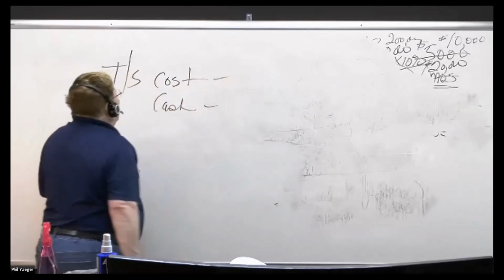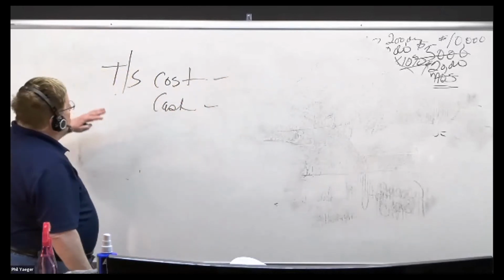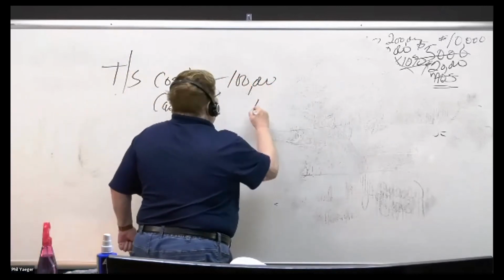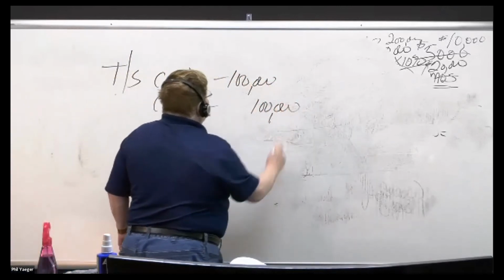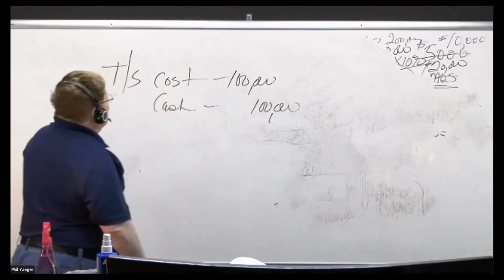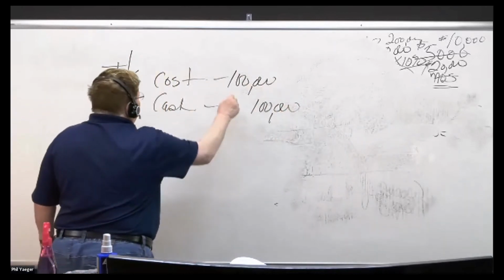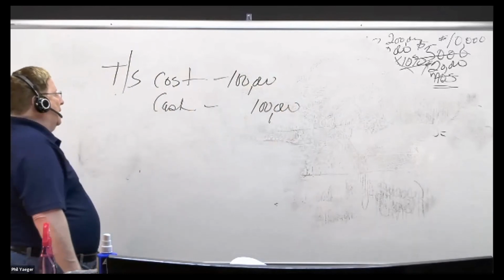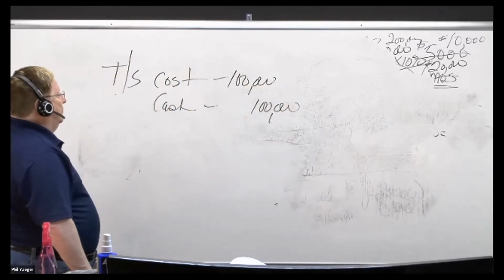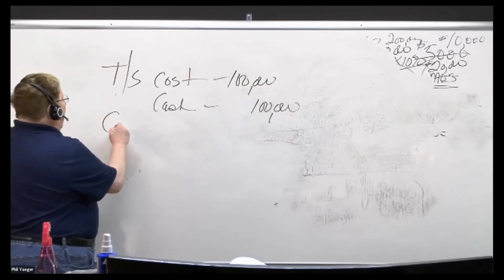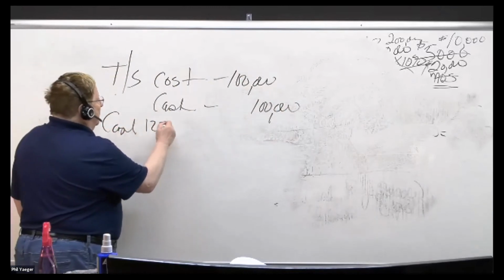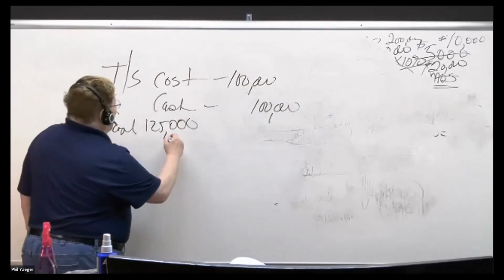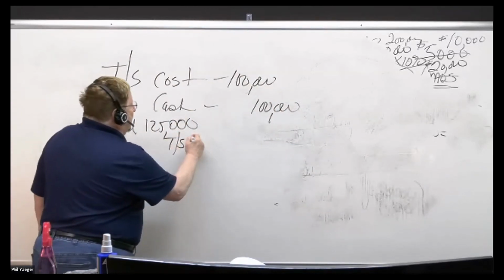Now, let's assume this is $100,000 and you resell half of the treasury stock at a gain of 125. You'll debit cash for 125, credit treasury stock for 50,000.